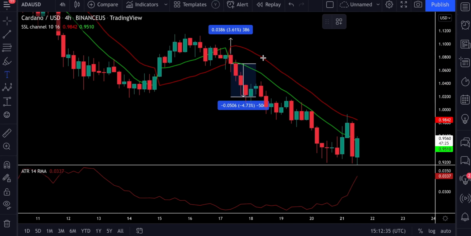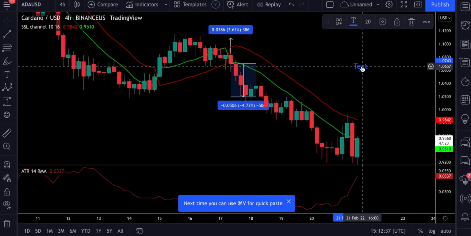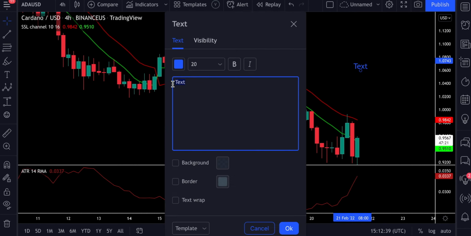Let's just make a note and write down all these numbers so you don't get confused. We need to write down three numbers. What is the value of 0.5 ATR?